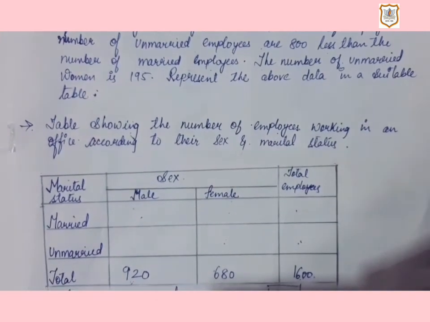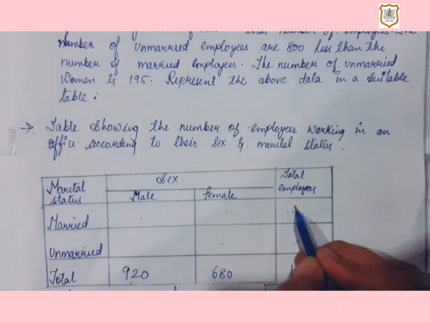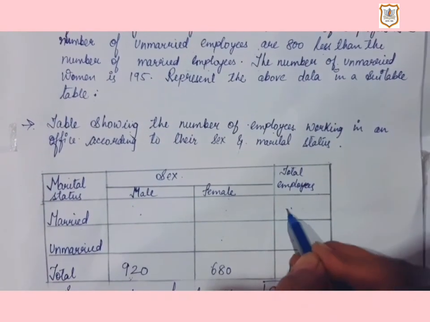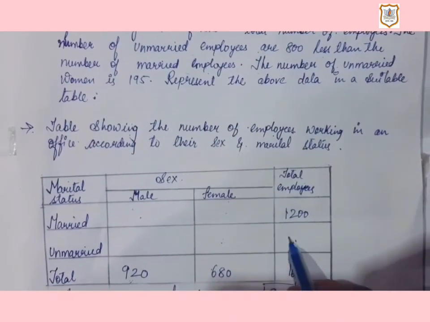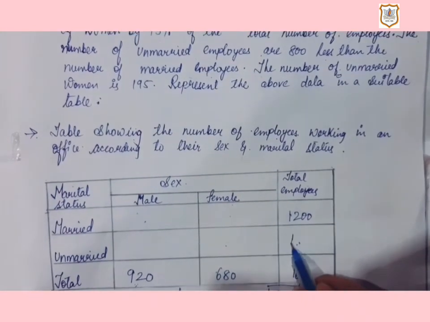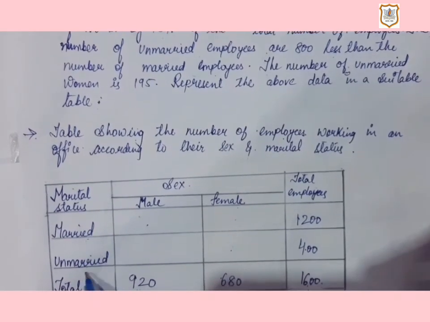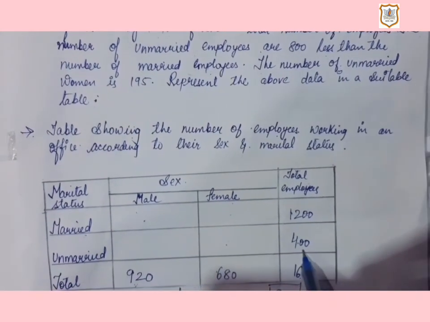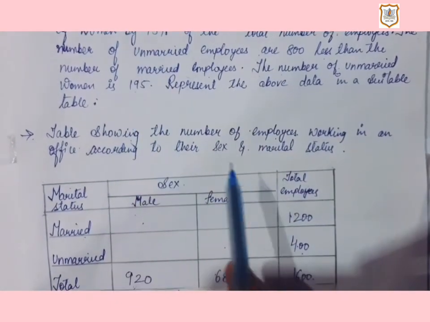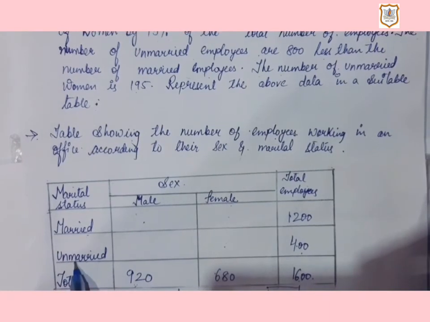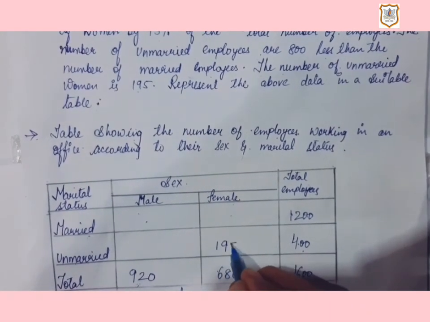So the number of unmarried employees is 400. Now I will note down the number of married employees here. Total married employees was 1200, and total unmarried employees that we took out is 400. So this way we are aware of married and unmarried employees, 1200 and 400. Now the number of unmarried women is 195. This is unmarried women and this is the female column, so here I will write 195.